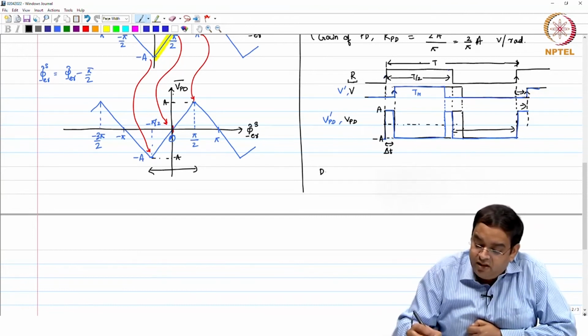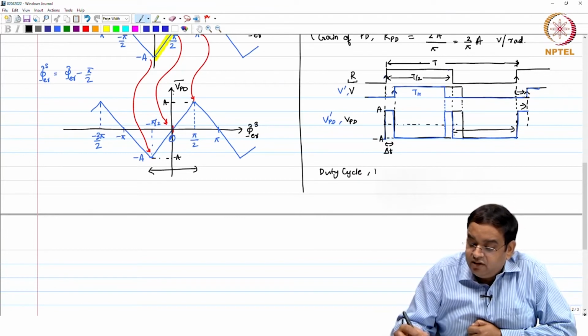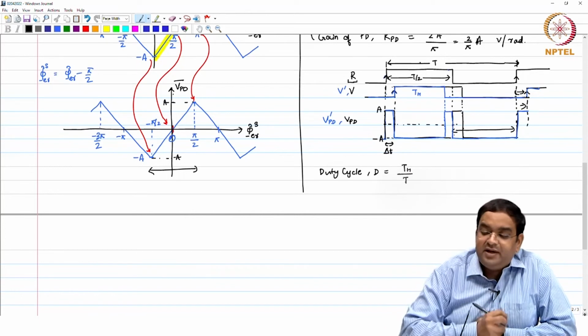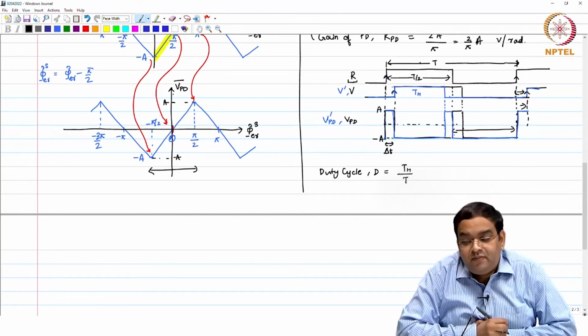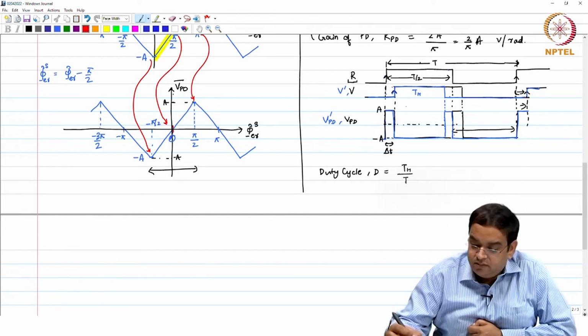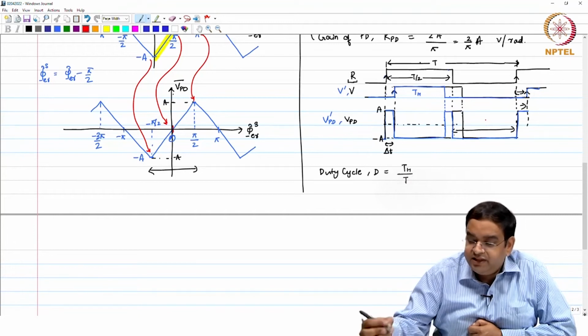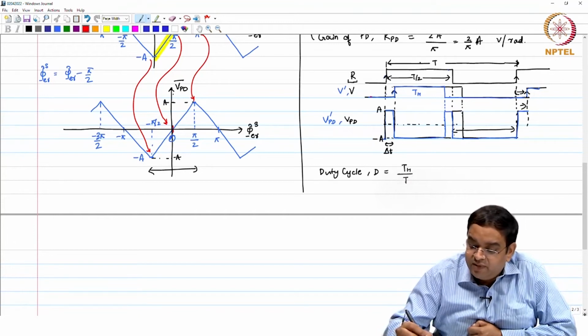What is duty cycle? Duty cycle of the clock is defined as D equal to T_H divided by total time period. Okay. Now, if the phase error changes, for example, phase error changes by a small amount here, let us say, and the duty cycle remains the same.